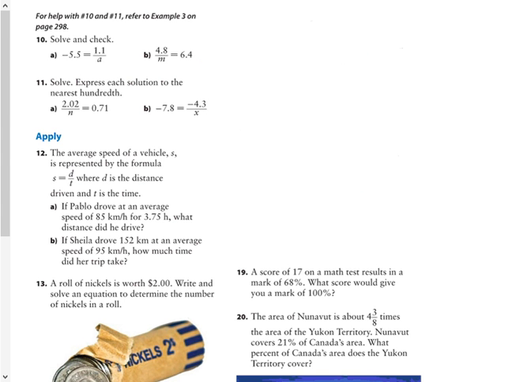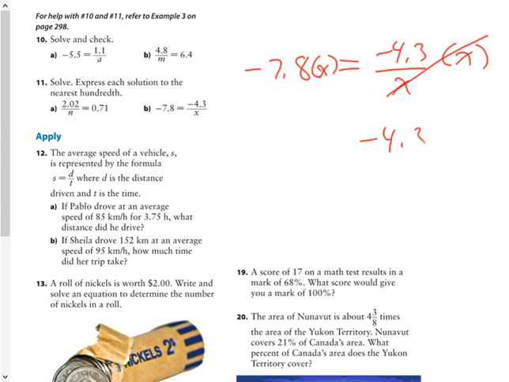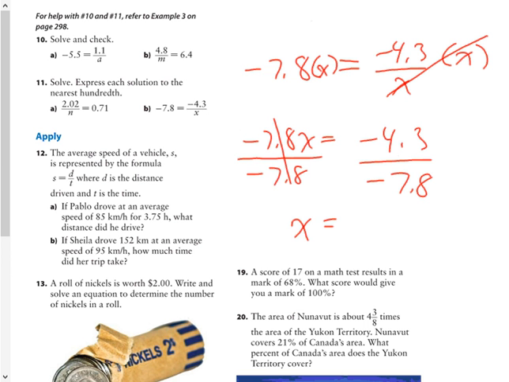And the last question, negative 7.8 equals negative 4.3 divided by x. Multiply both sides by x to start. Negative 4.3 will equal negative 7.8x. Divide by negative 7.8. I know it's going to be a positive, so I'm going to put x equals 4.3 divided by 7.8.